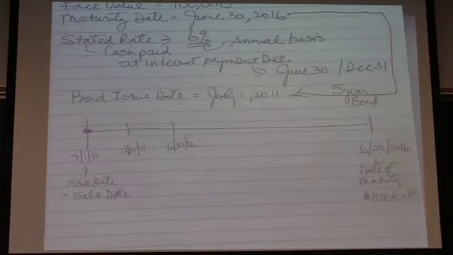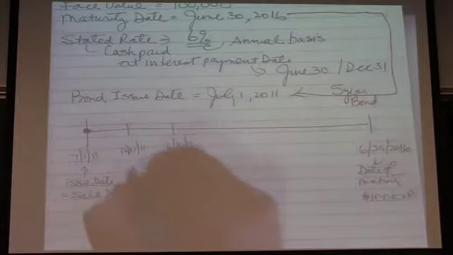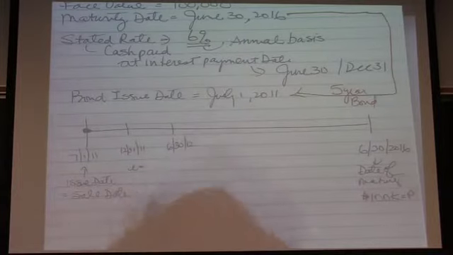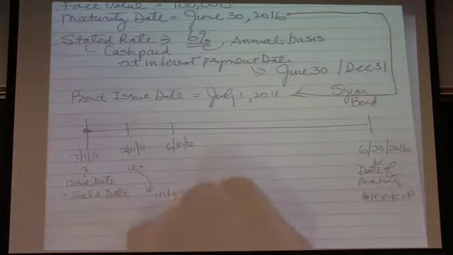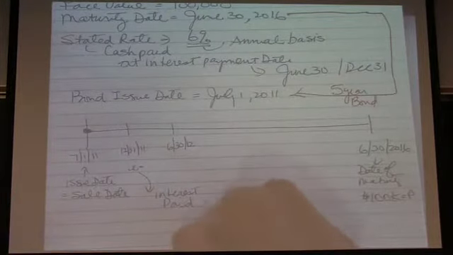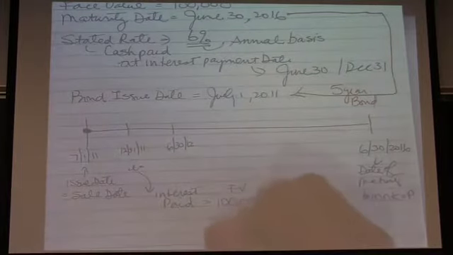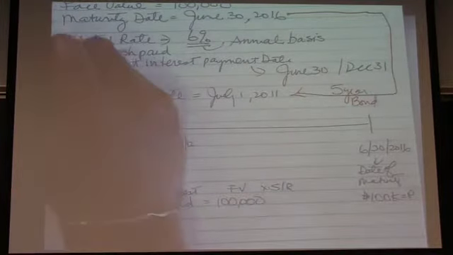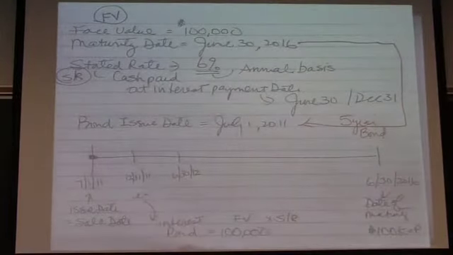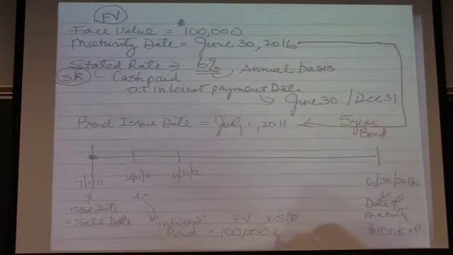Now, how much interest does the bondholder receive? So these are all the interest payments. And of course, the interest paid is governed by the stated rate. So we take 100,000, which is the face value of the bond, times the stated rate. So I'm going to use short form, stated rate as SR, and face value as FV. So that means that the bondholder will receive 6% times 1/2, right?